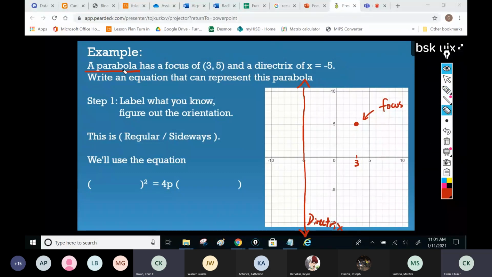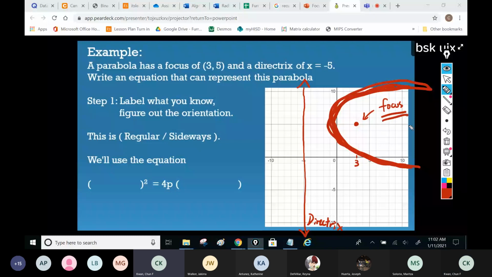All right, you have the directrix, you have the focus. So that gives you a clue that your graph has to be sideways and it opens right, because the focus, the signal receiver, needs to be inside the satellite dish. The focus has to be inside the curve, and the directrix has to be outside.